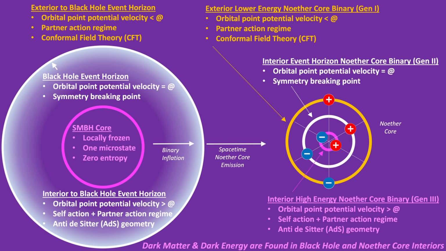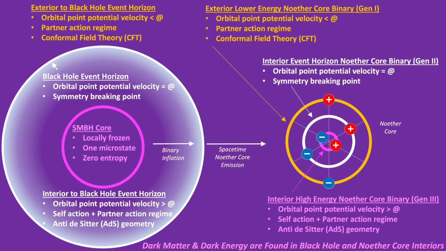In a little more detail, when these Noether cores, these triply nested binaries, reach the event horizon of a black hole, that's when all of the orbital velocities are at field speed, and the event horizon corresponds to the Planck scale. Inside the black hole, that's the deflationary, inflationary region, what we would call anti-de Sitter space.